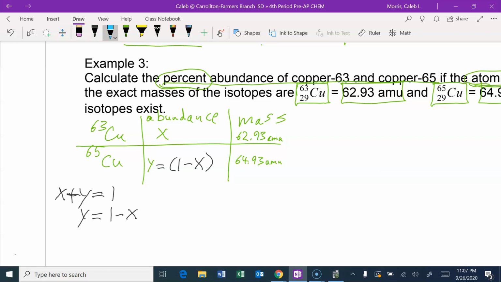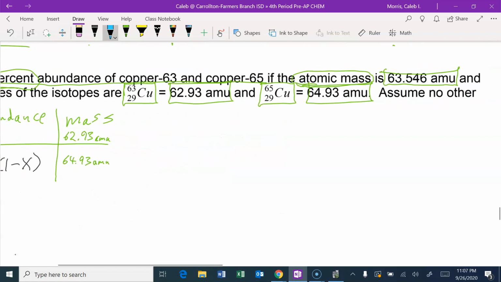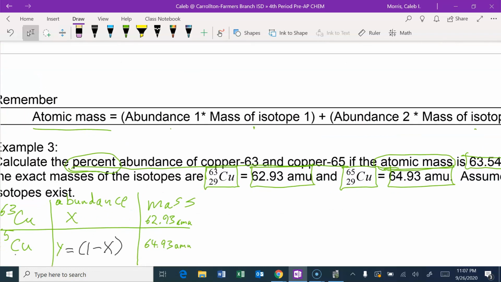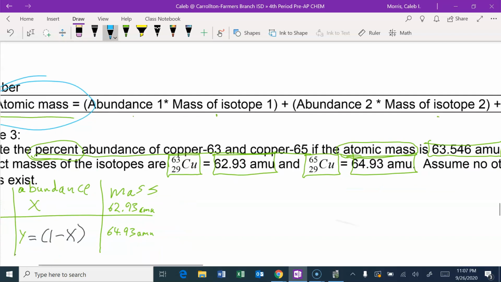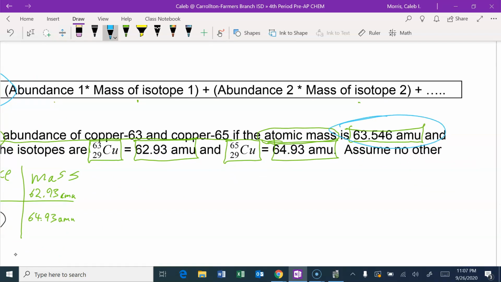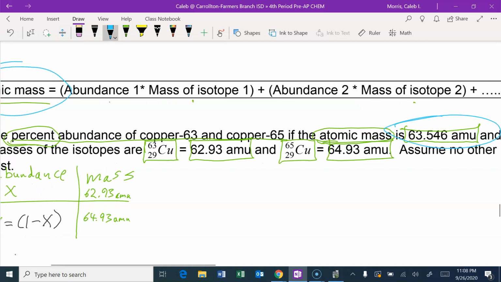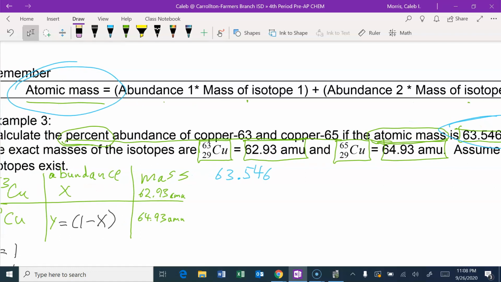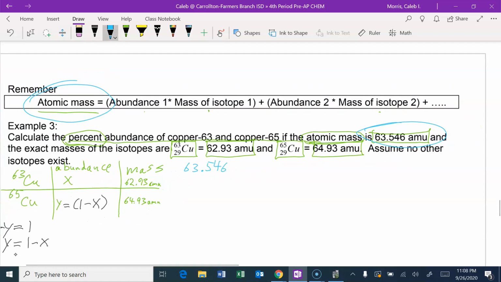All right. The other thing we need to know is the atomic mass. We've got this formula up here that's really useful, and atomic mass is given to us right here. So we're going to start with that. 63.546 AMU is our atomic mass, is equal to abundance 1 times mass of isotope 1.